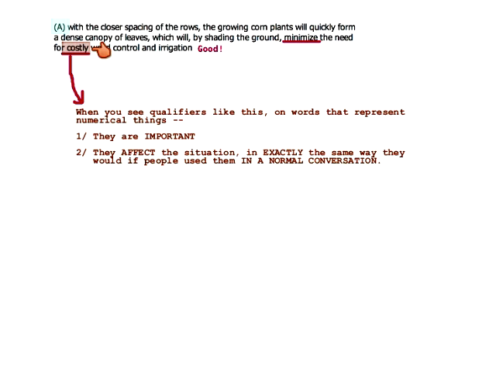Here's another problem. I'm just going to pull up an answer choice from a different problem that we did in one of the other study halls. I'm not going to pull that actual problem up, just the answer choice.